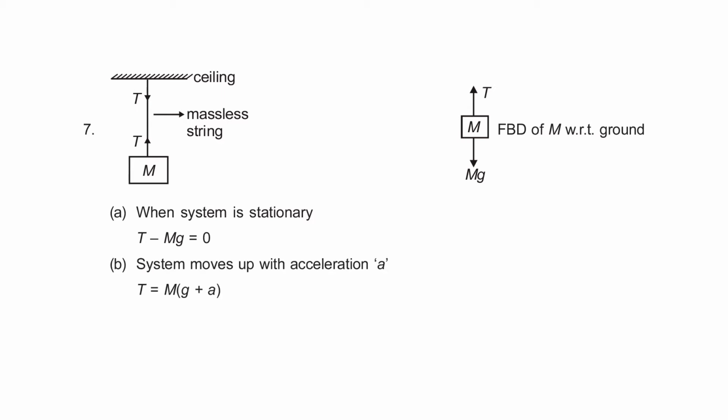When the system moves up with acceleration a, then T is equal to m (g plus a). And 7c. When the system moves down with acceleration a, then T is equal to m (g minus a).